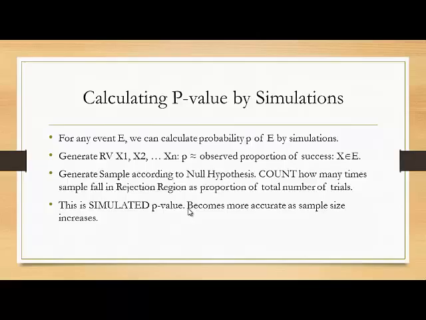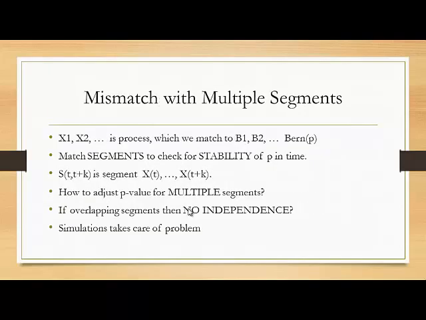So the rejection region is just one event. So we basically run the hypothesis test under the null hypothesis many times, and we look at how many times it is rejected, and that's your p-value. So it's very simple. Now I will demonstrate how this is done.